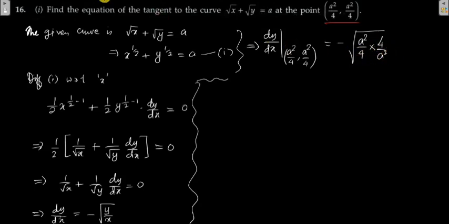Now you observe that a square and a square get cancelled, and similarly 4 and 4 also get cancelled, so this is square root of 1. And all of you know that the square root of 1 is exactly 1. One more thing you need to notice out here is the negative sign, so it turns out to be negative of 1. So this is your dy by dx.